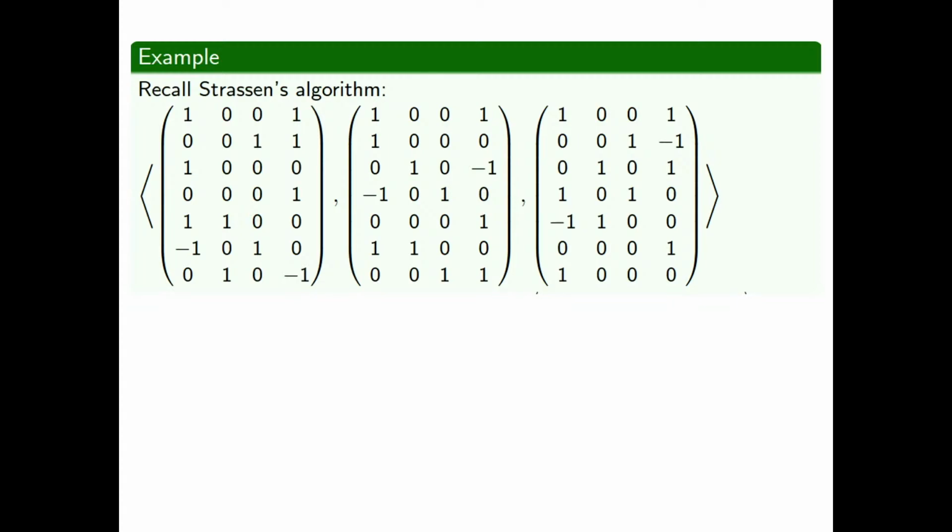But if I take the first, second, and last column, the inner product should be 0. So you have this and several other exercises in the homework assignment.